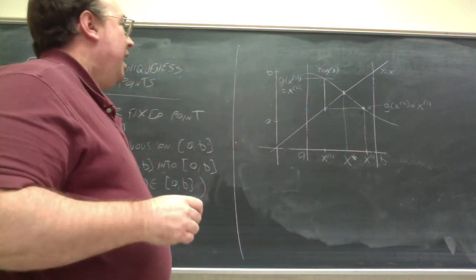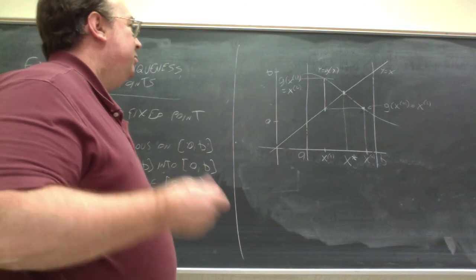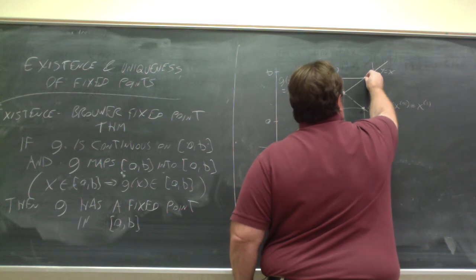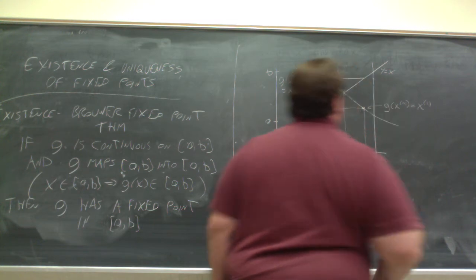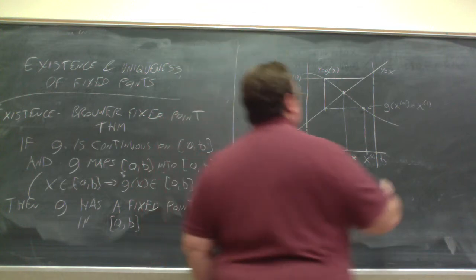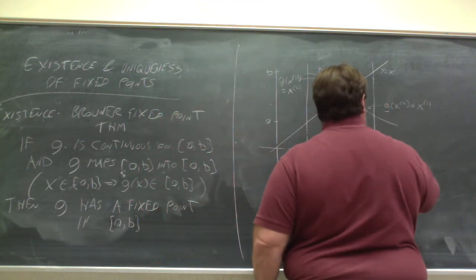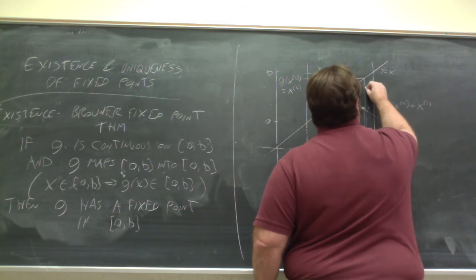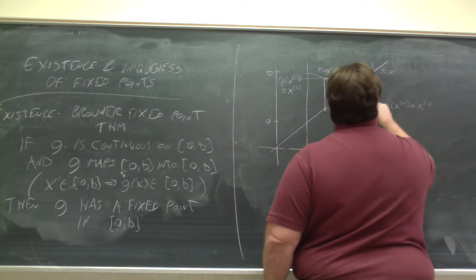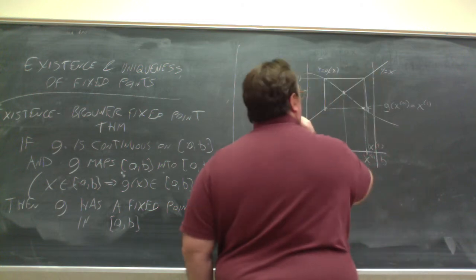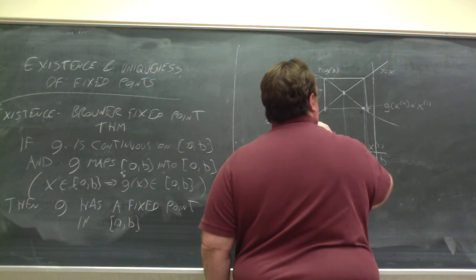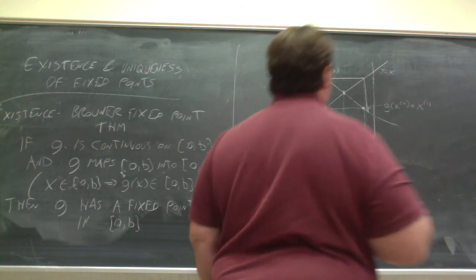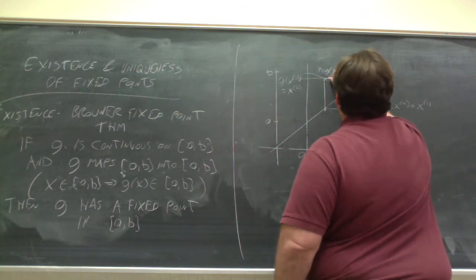Now, I need to change this y value to an x value. So now I'll go from here over to the line y equals x. And so this is x equal to x2. And then I'll go down to the function. Unfortunately, this graph is not very well drawn, so it might kind of mess up, because it's supposed to spiral inward. But if my graph is off, then it won't work.